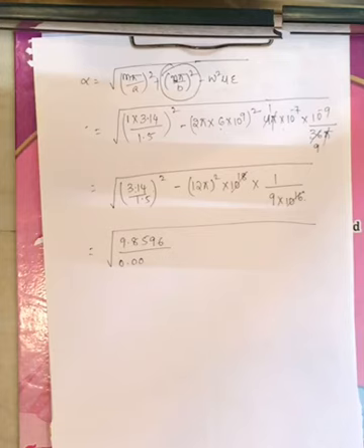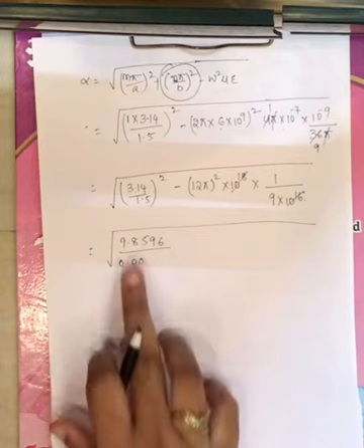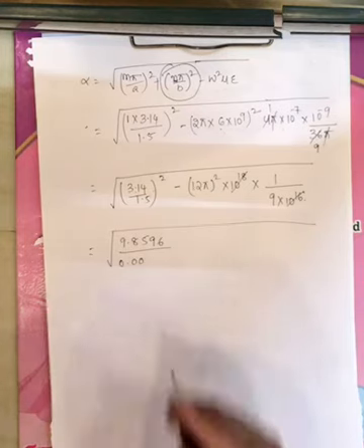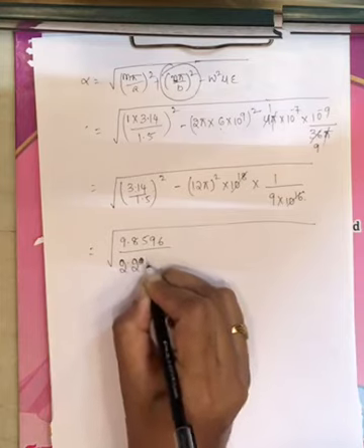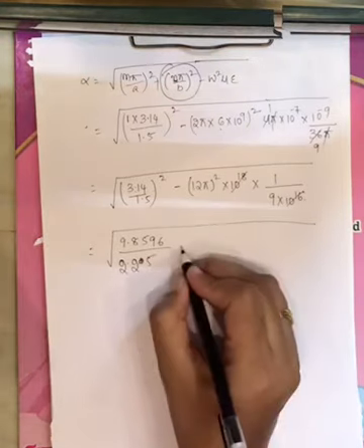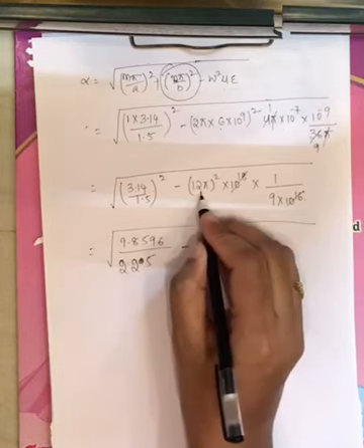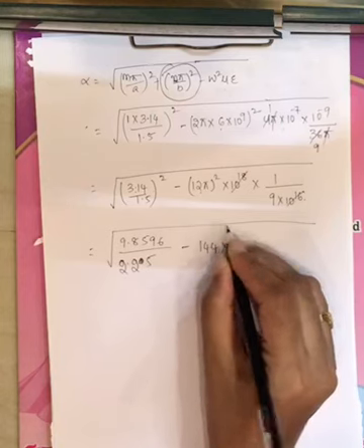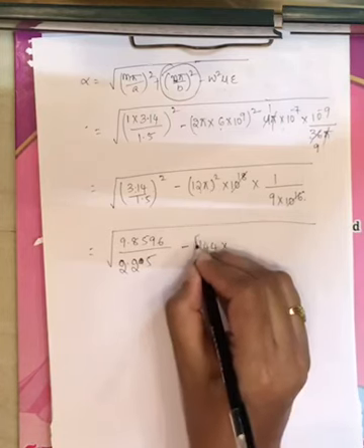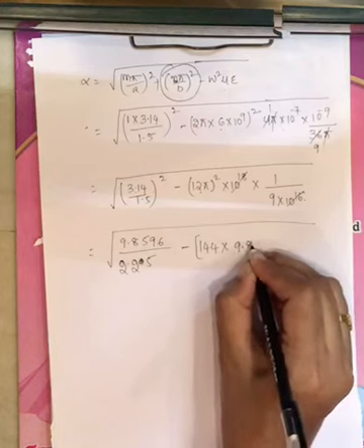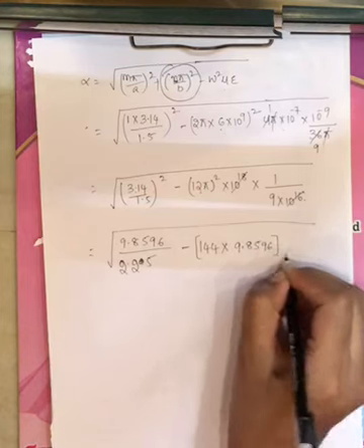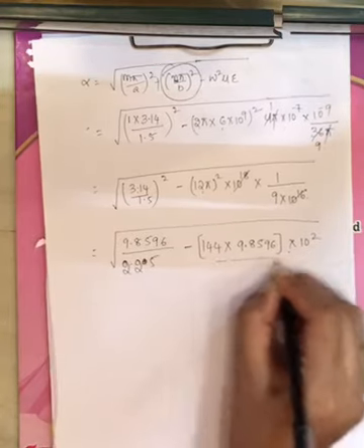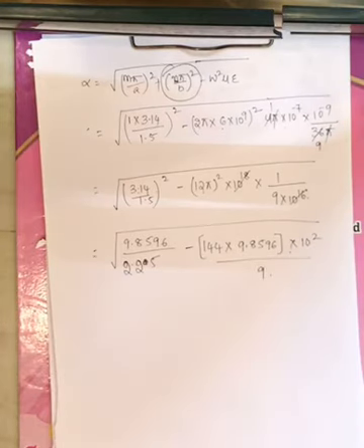Let me calculate again. 3.14 into 3.14 is 9.8596, and 1.5 into 1.5 is nothing but 2.25, right? 2.25 minus, now expand this, 12 pi square, right? 12 pi is nothing but 144 into pi square, and pi square is 3.14 into 3.14, which is nothing but 9.8596, right? Square I am expanding it, and here left out is 10 square divided by 9, right? 10 square divided by 9.